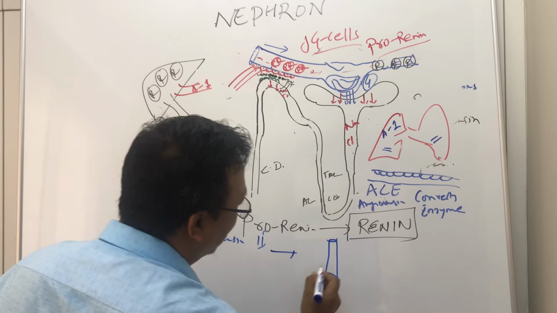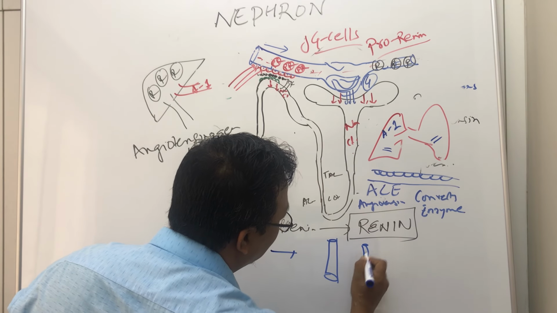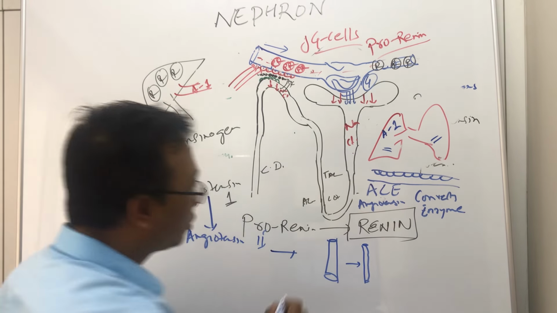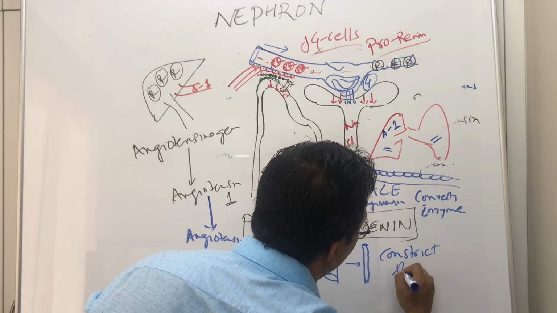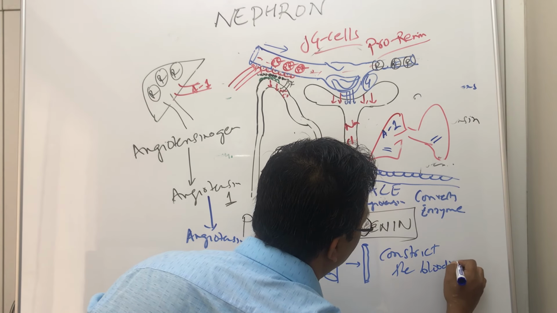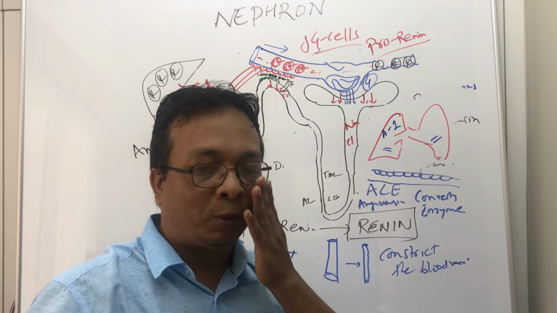This is a normal blood vessel and it can constrict. So angiotensin 2 can constrict the blood vessels. Now what will happen if the blood vessels are constricted all over our body?